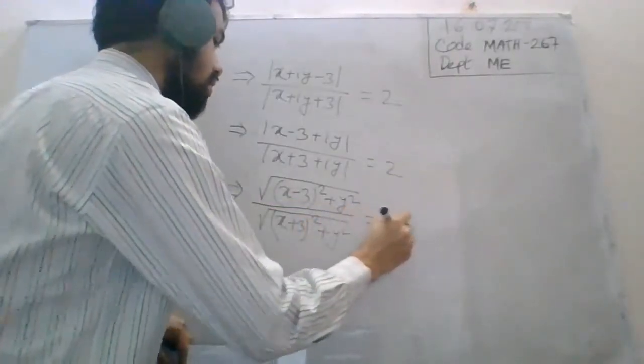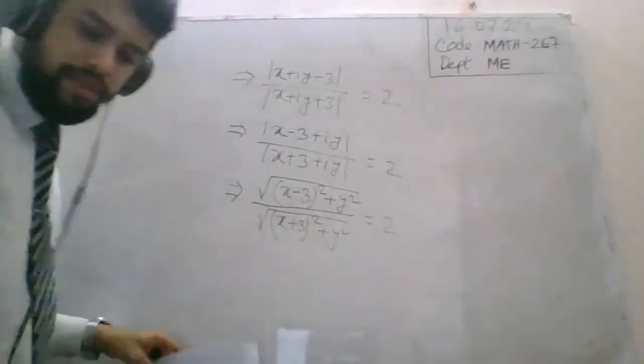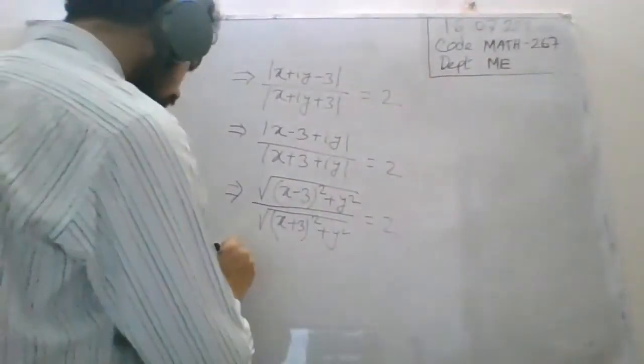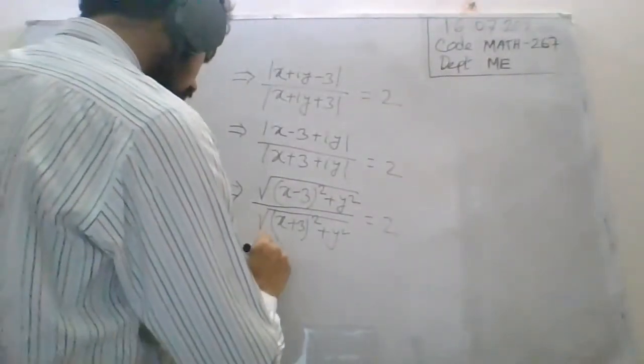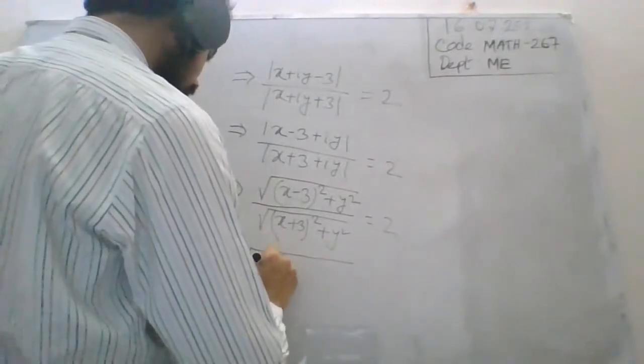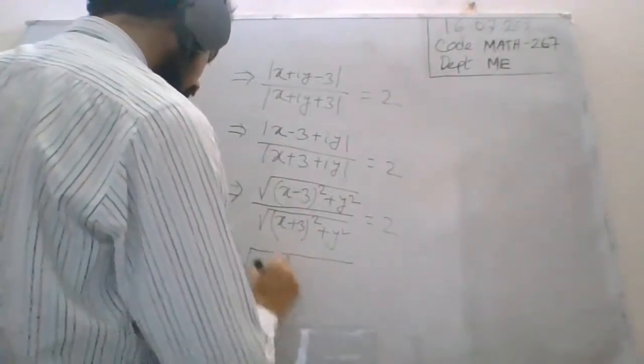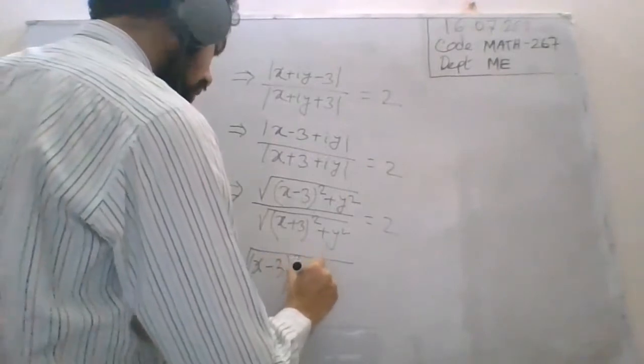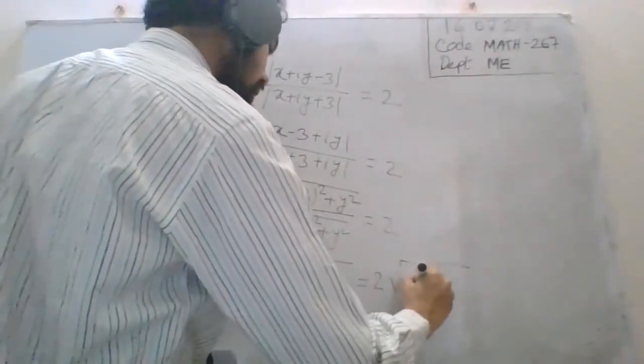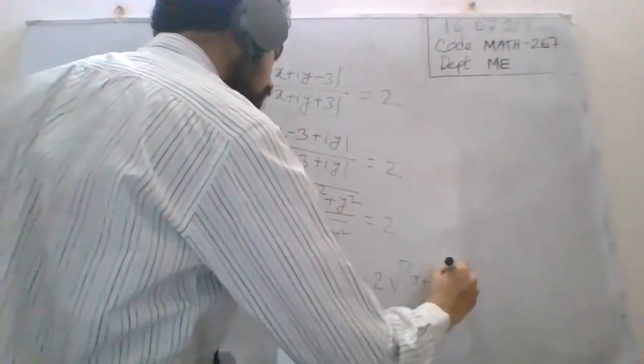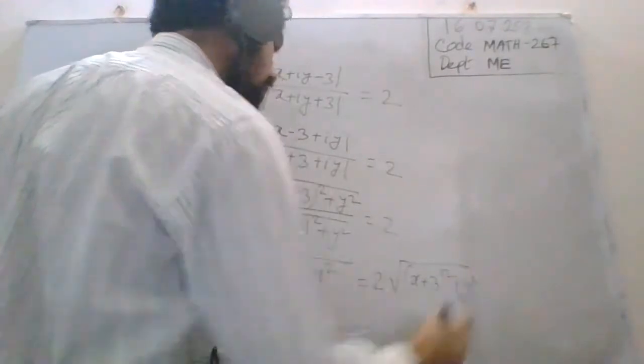Then you do cross multiplication. So you get root over (x minus 3) square plus y square is equal to 2 into root over (x plus 3) square plus y square.